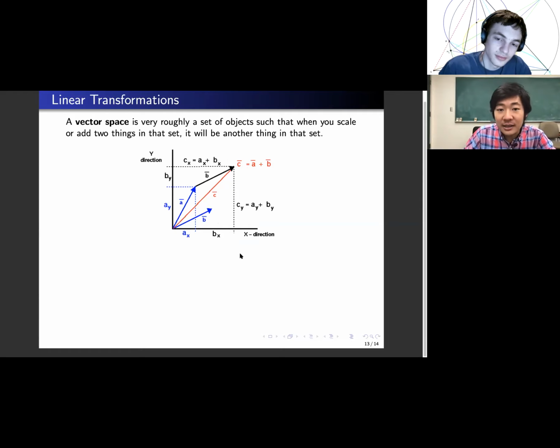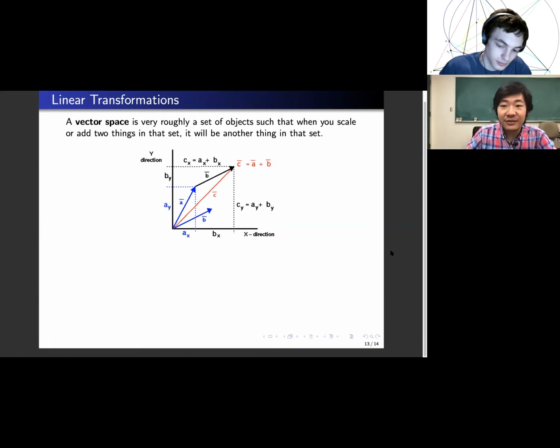And then this entire, let's say, plane would consist of a vector space, because if you add two things on a flat piece of paper, then they stay on a flat piece of paper. It doesn't go above it, there's no height to these vectors. So that's a vector space. But there are other vector spaces as well. For instance, oh, whoops, too fast.